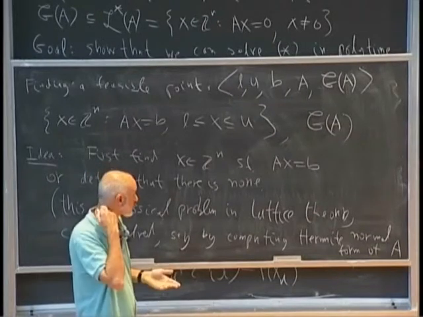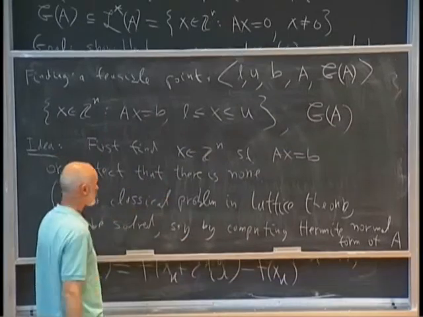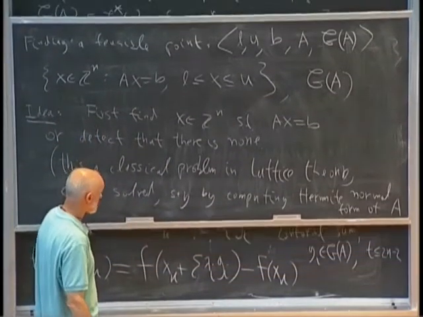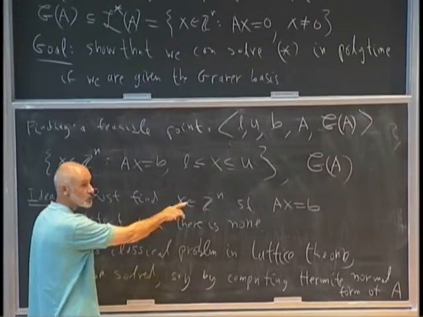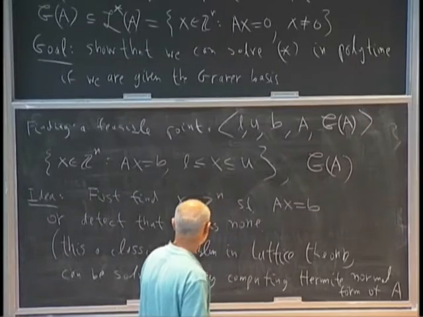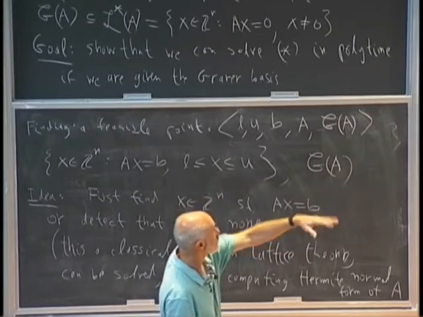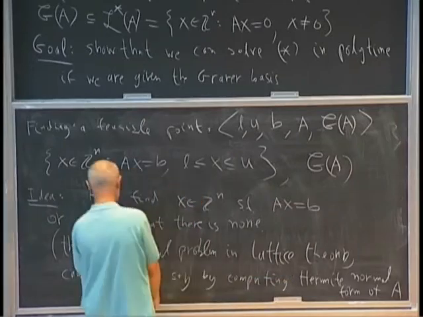And in fact, we are going to solve it using this lemma again for an auxiliary problem. So let me explain this. First of all, we find a solution of the system of equations only. And now we use this to set up an auxiliary problem where we can apply the first lemma.